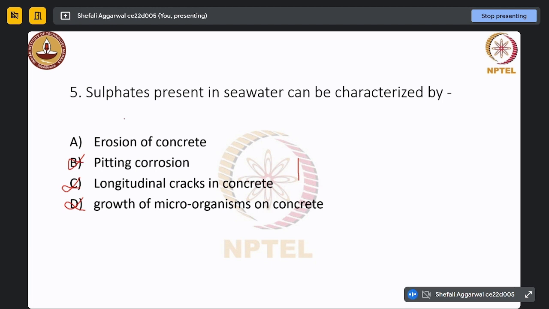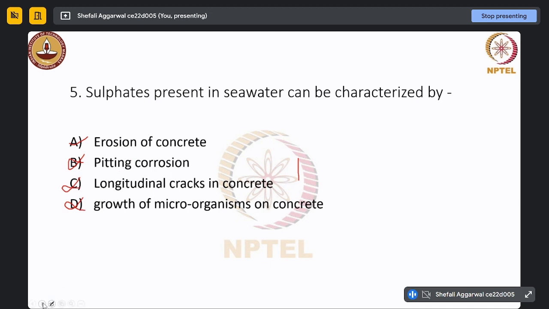So if there are sulfates present in the seawater, what will it cause? It will cause external sulfate attack on the concrete and will cause erosion of the concrete, mainly due to abrasion and cavitation.